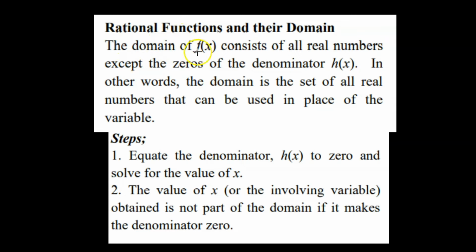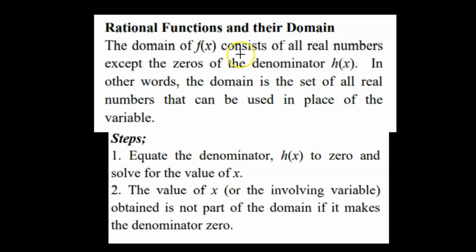So what then is the domain of a rational function? Now, the domain of a rational function consists of all real numbers except the zeros of the denominator h of x. So the domain of a rational function f of x consists of all real numbers except the zeros of the denominator.